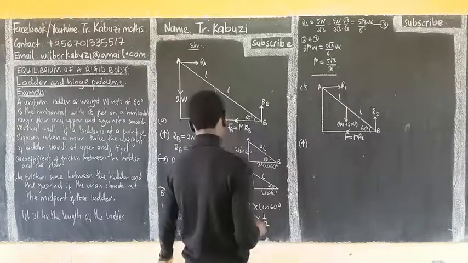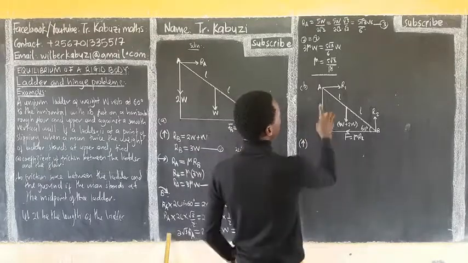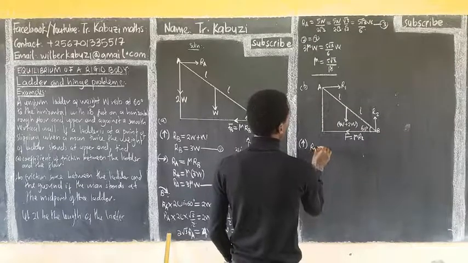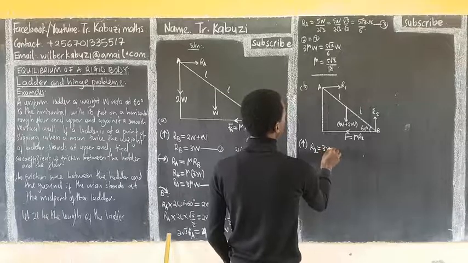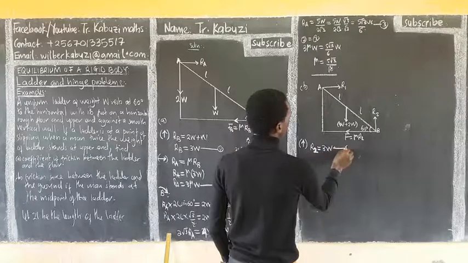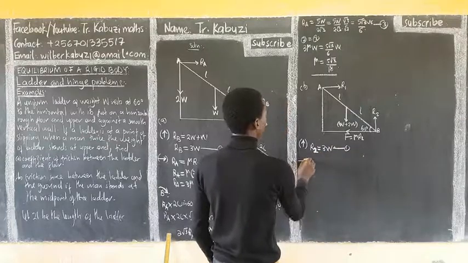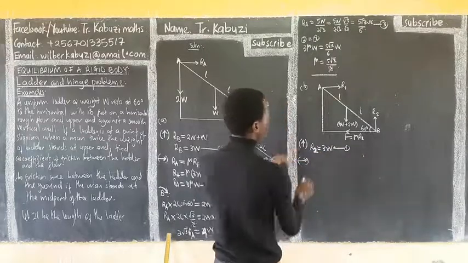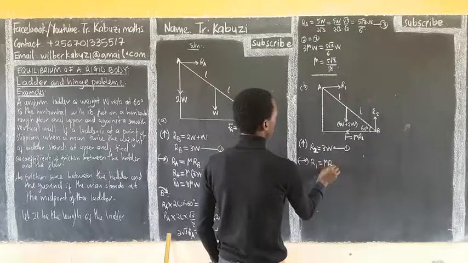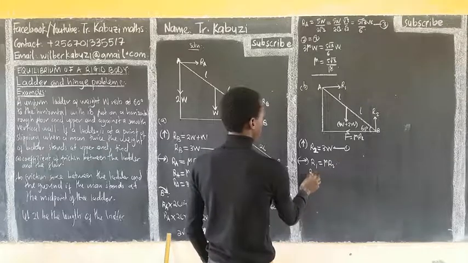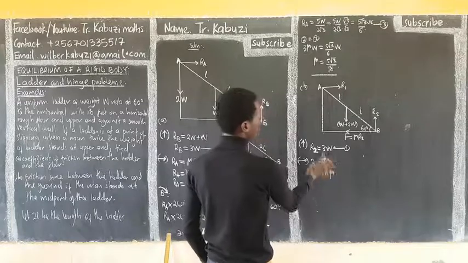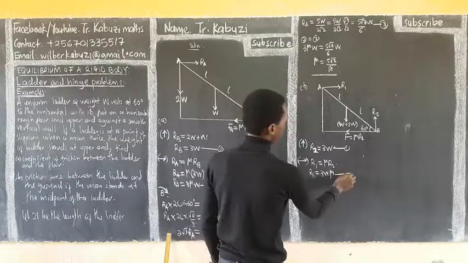Resolving vertically, our R2 is going to be equal to 3W. So this is our R2, equation 1. Then resolving horizontally, our R1 is going to be equal to mu R2. So my R1 is going to be 3W mu, because this R2 is there. I call this equation 2.